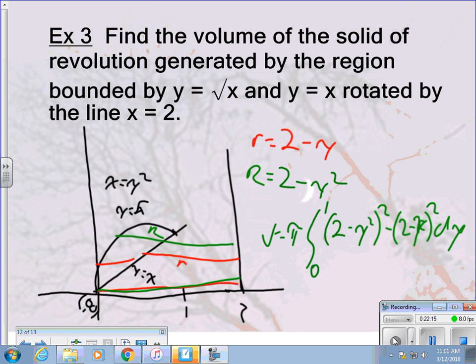Algebraically, that will work out because if you take 2 minus x and square it, you get 4 minus 4x plus x squared. If you take x minus 2 and square it, you get x squared minus 4x plus 4. So you will get the same answer.